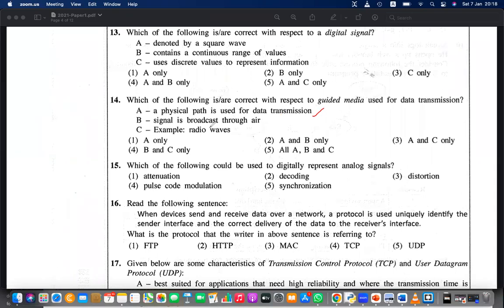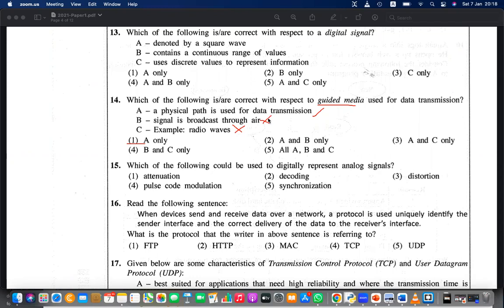A signal is broadcast through air, no. Example, radio waves, no. Radio waves are unguided. We are asking about guided media. Physical path is correct. Broadcast through air, no. Radio waves, no. A only. Question 14, it is 1. Okay, your answers are correct.